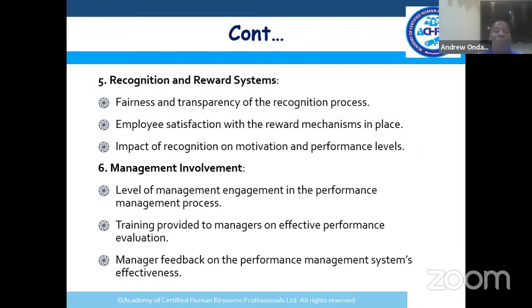Secondly is training provided to managers on effective performance evaluation, meaning that not everybody can perform an evaluation. So we need to provide managers with adequate training so that they can do a good job when they are evaluating employees. And lastly, on that point is the feedback, which I've already mentioned. We all need feedback. And what is the feedback of management on the effectiveness of the system?